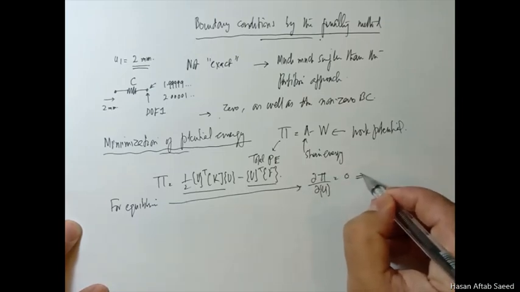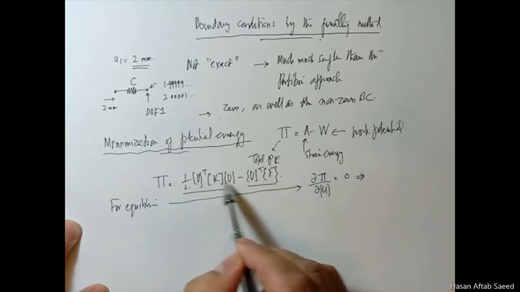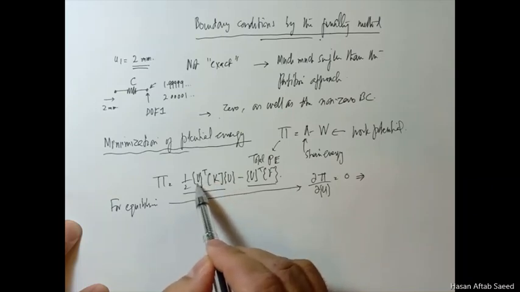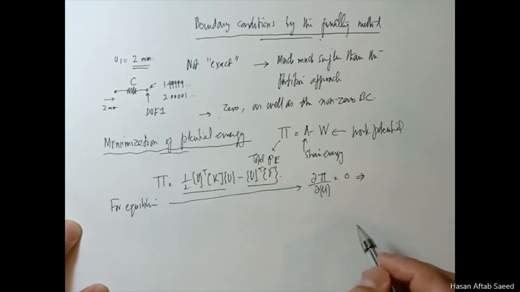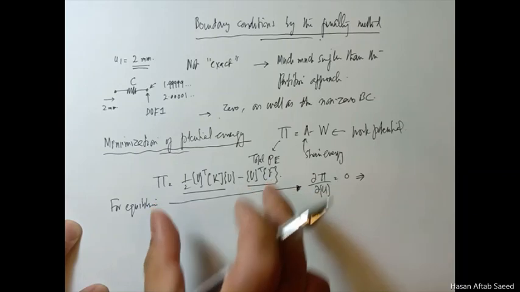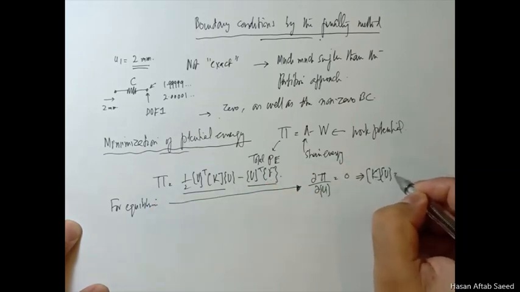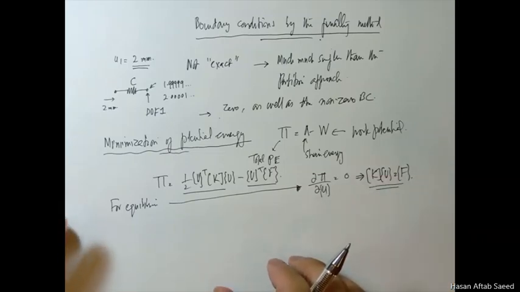This gives you, as we have seen, you can consider this as the square of this u vector, and it works quite like an algebraic expression. So you are left with ku is equal to f. This is the fundamental FEM equation for equilibrium steady state problems.